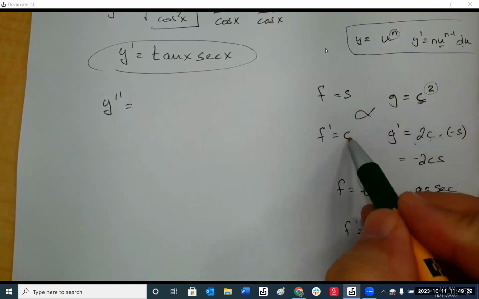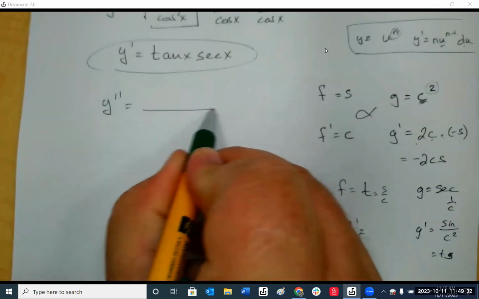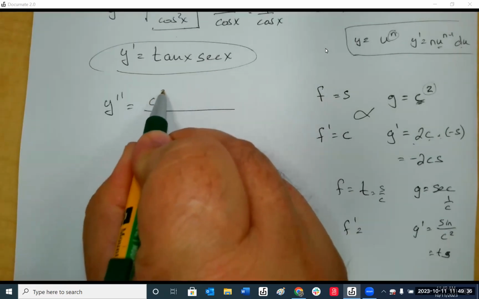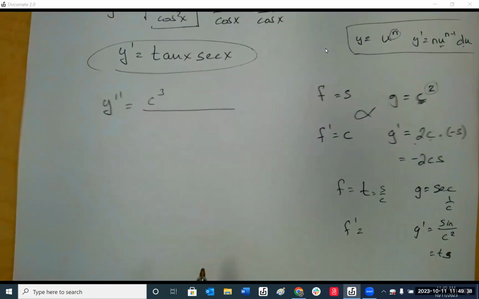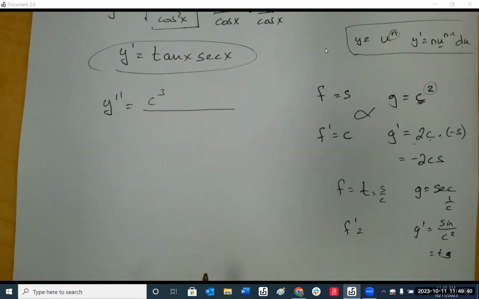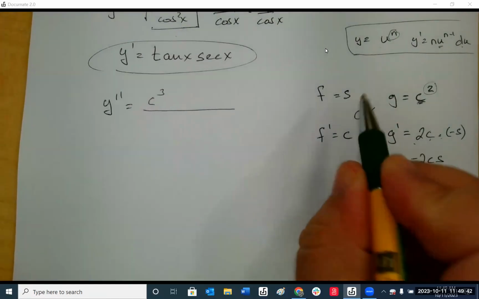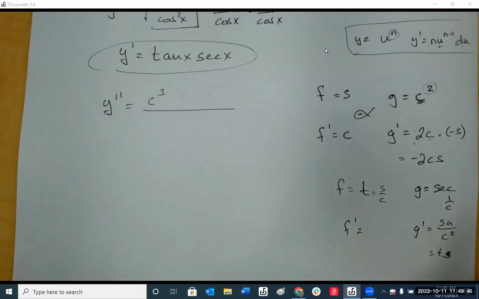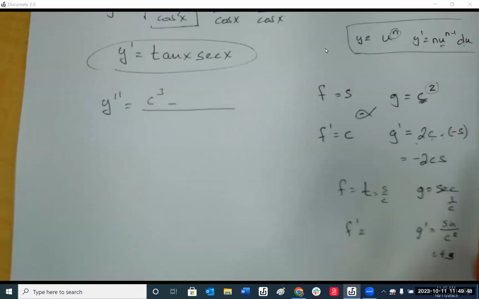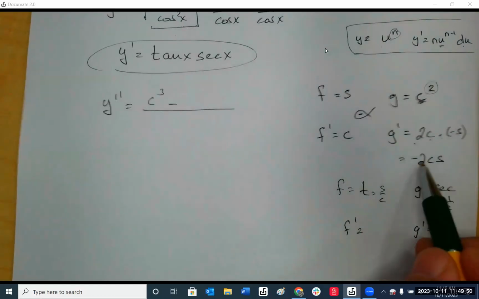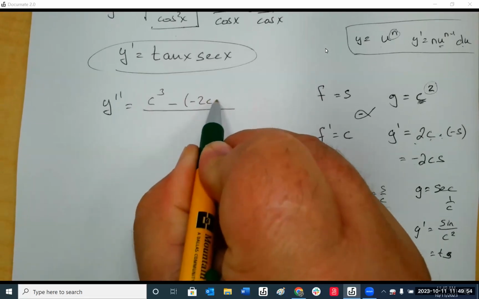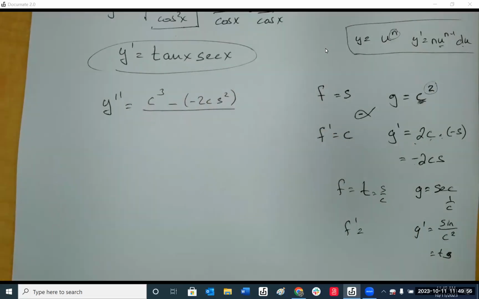So we have cosine times cosine squared, which is cosine cubed. Now, since we broke all of these down into their fractions, it's a subtraction. Sine times negative 2 cosine sine, so it's negative 2 cosine sine squared.